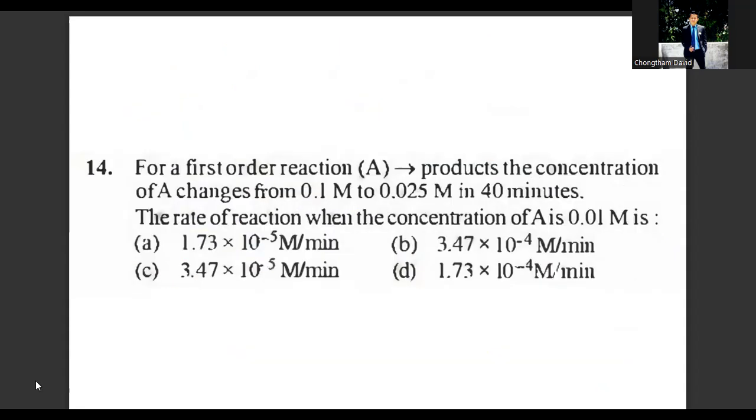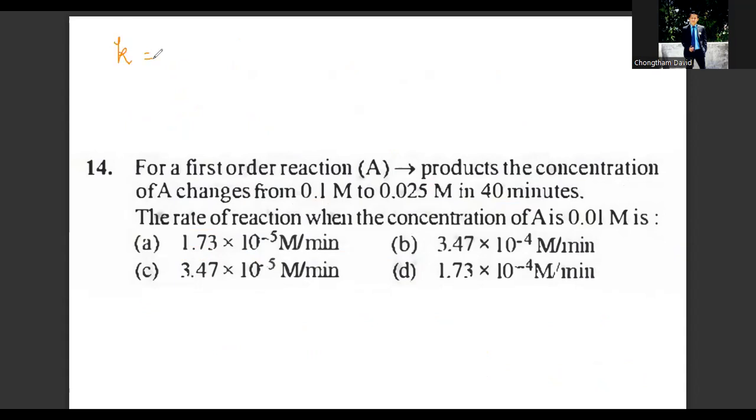Question number 14. A first order reaction gives product. The concentration of A changes from 0.1 to 0.025 molar in 40 minutes. The rate of the reaction when the concentration of A is 0.01 molar is. Okay, use the first order rate equation.